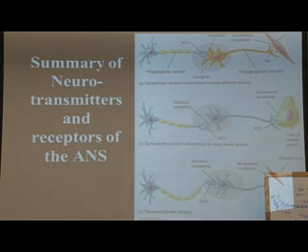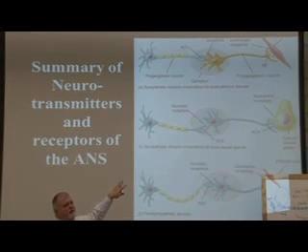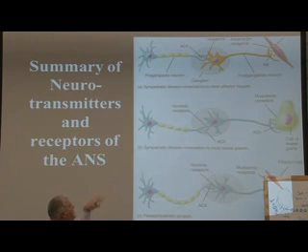All right. So this is kind of the image that we've created so far. And sweat glands are odd. They're the oddball. So for our purposes, we're just going to throw sweat glands out the door.